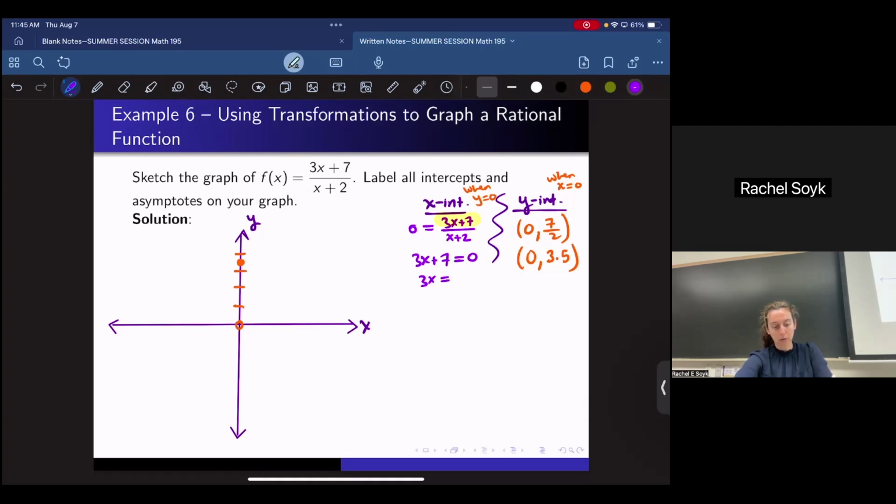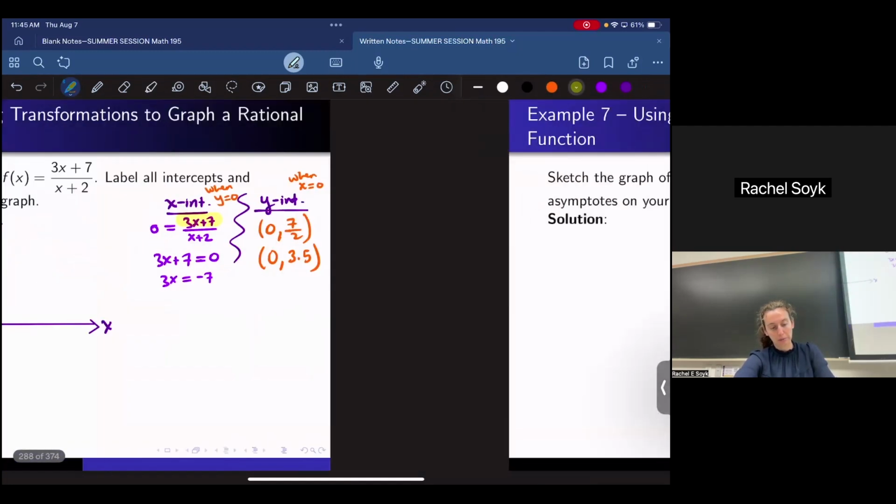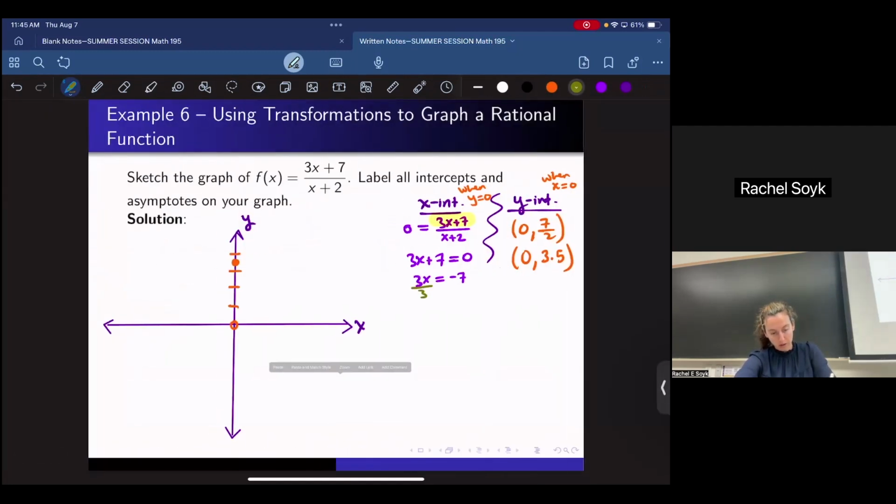Subtract 7 from both sides, and then divide both sides by 3. So we get our x-intercept is negative 7 over 3, which as a mixed fraction is about negative 2 1/3.